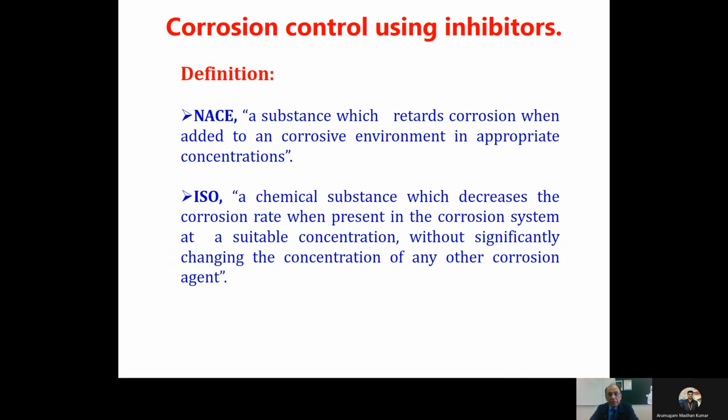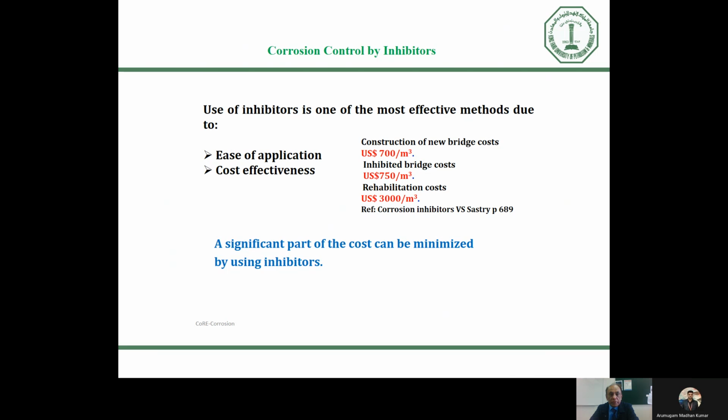This appropriate concentration is very important for retarding corrosion. Another important thing is that the concentration of the corrosive species should not change in the presence of the inhibitor. If the chemical satisfies these two conditions, it will be called a corrosion inhibitor.